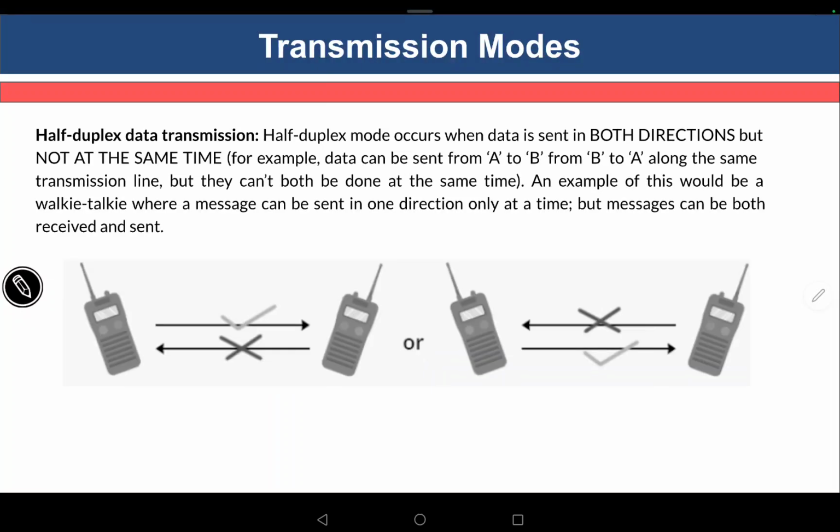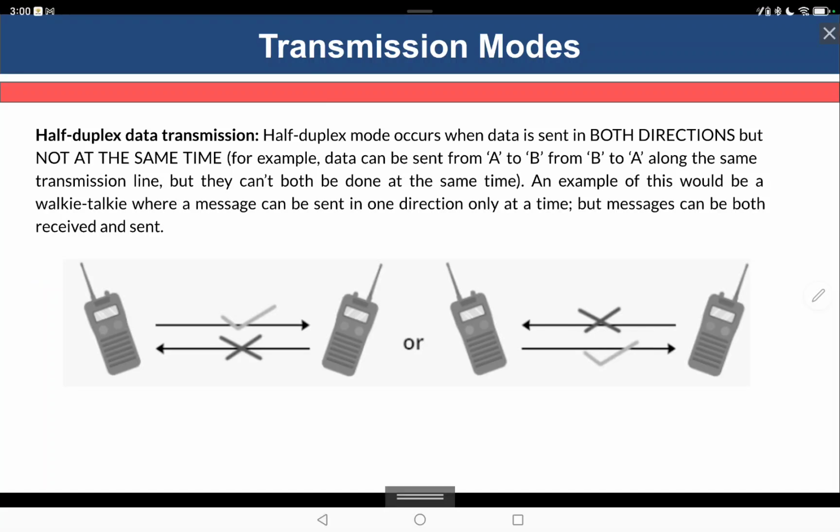Then we have half duplex. This occurs when data is sent in both directions but not at the same time. It means that these two devices can send data to one another, but it cannot be at the same time.